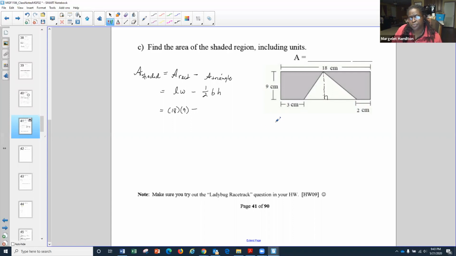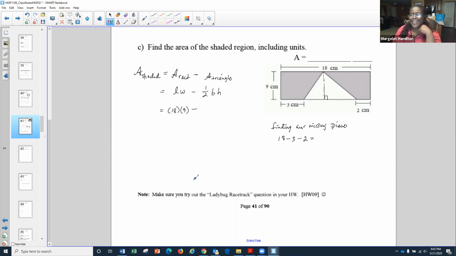So finding our missing piece, we have 18 minus this 3 minus this 2, and whatever is left should be this part right here. Now you could probably do this on your fingers. I would, and I am.